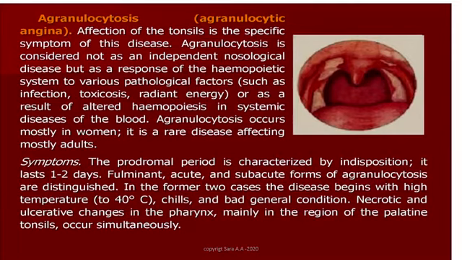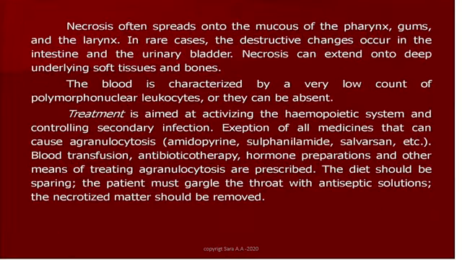Necrotic and ulcerative changes in the pharynx, mainly in the region of the palate and tonsils, occur simultaneously. Necrosis often spreads onto the mucosa of the pharynx, gums, and larynx. In rare cases, destructive changes occur in the intestine and the urinary bladder. Necrosis can extend onto deep underlying soft tissues and bones.